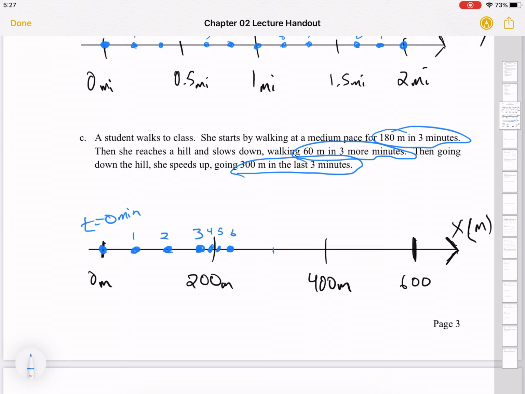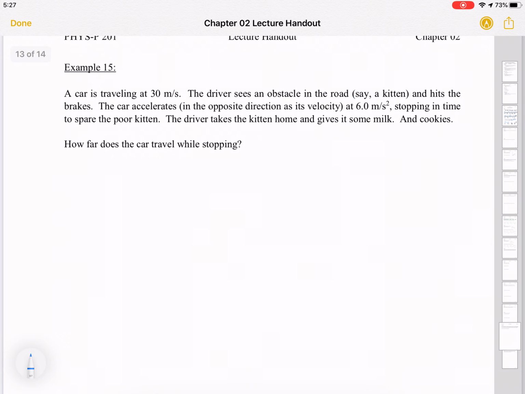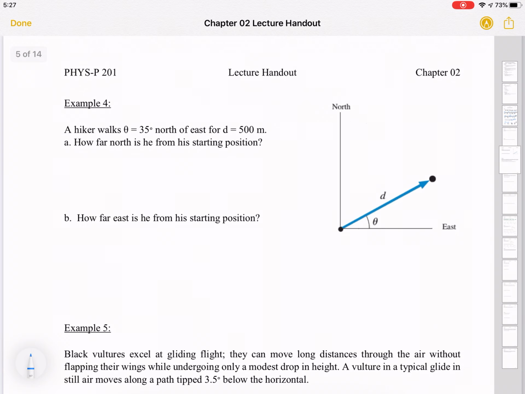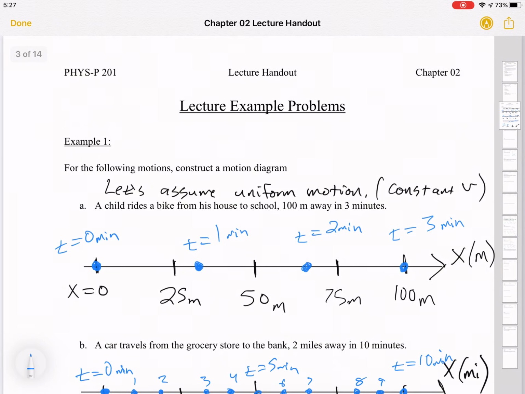And now in the next 3 minutes, she goes 100 meters each minute, right? So from 240 to 340. 340 is going to be right here, to 440. So there's 240, 340, 440.